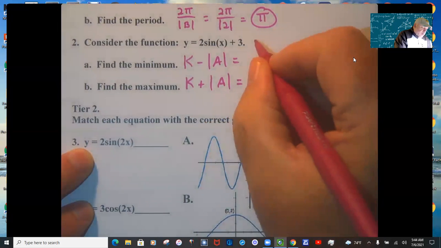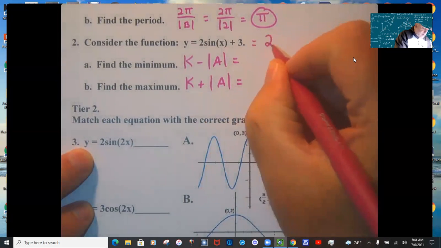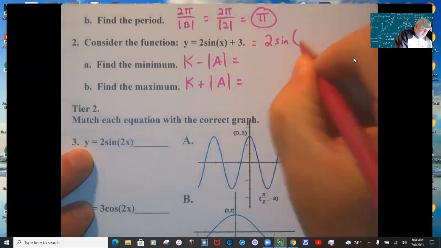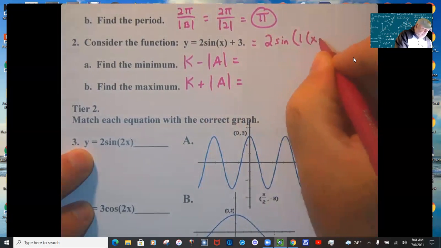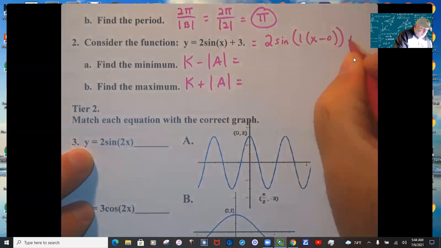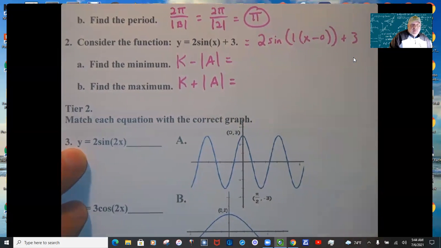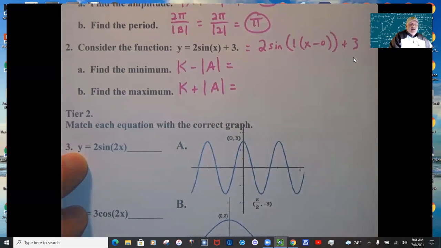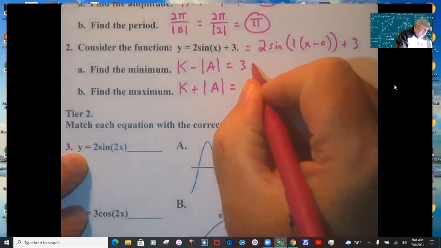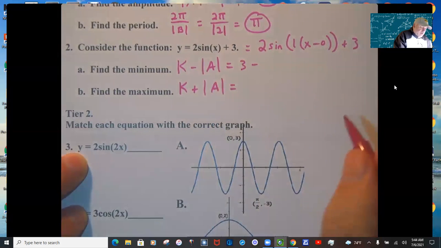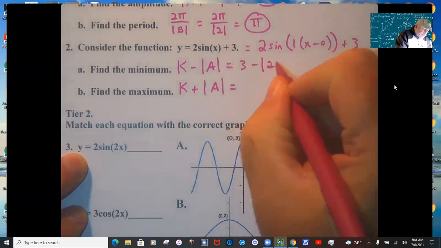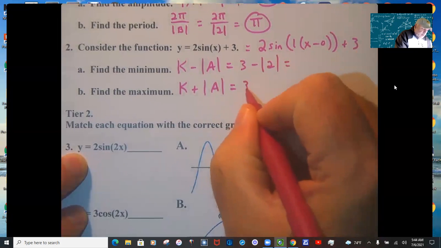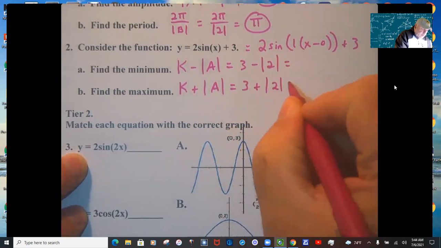So if you were looking to figure out the A, the B, the H, and the K, that's how you'd have to write it. Okay, so K is 3 minus the absolute value of A, which would be 2. And then we have 3 plus the absolute value of 2.